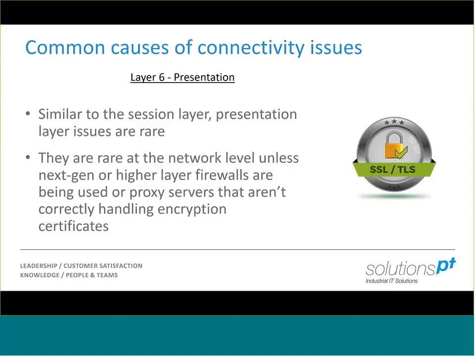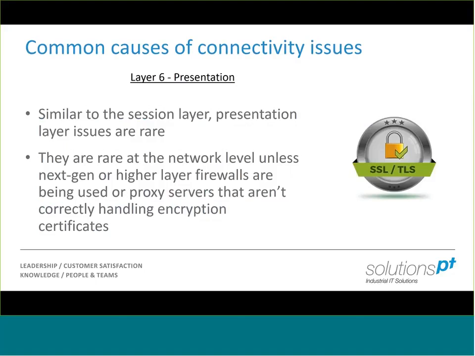Again, layer 6 is also a rare place to find issues, particularly in the automation world, because we don't always do a great deal of encryption and worry about presentation services here. But essentially an issue here would be with things like encryption, compression, that kind of thing. They are quite rare at the network level to come across, unless, of course, you're using a next-gen firewall that does filtering at the upper levels.